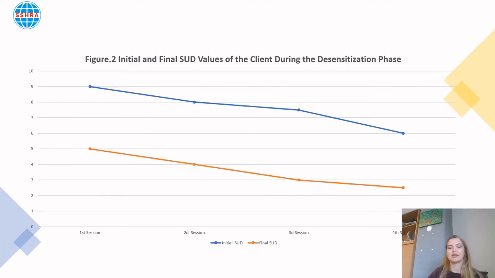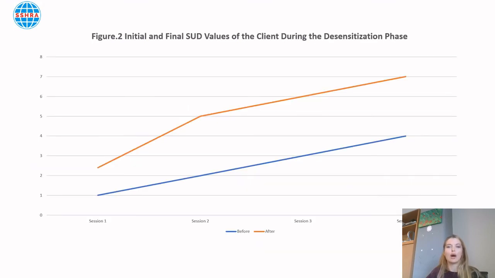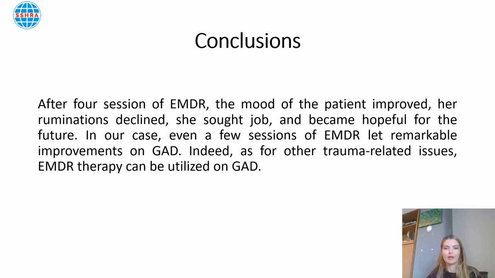And we can see that the difference between the initial and final subjective units of disturbance of the client during the desensitization stage also went significantly down, while the values of validity of positive belief went up, not down. It was exactly the opposite.